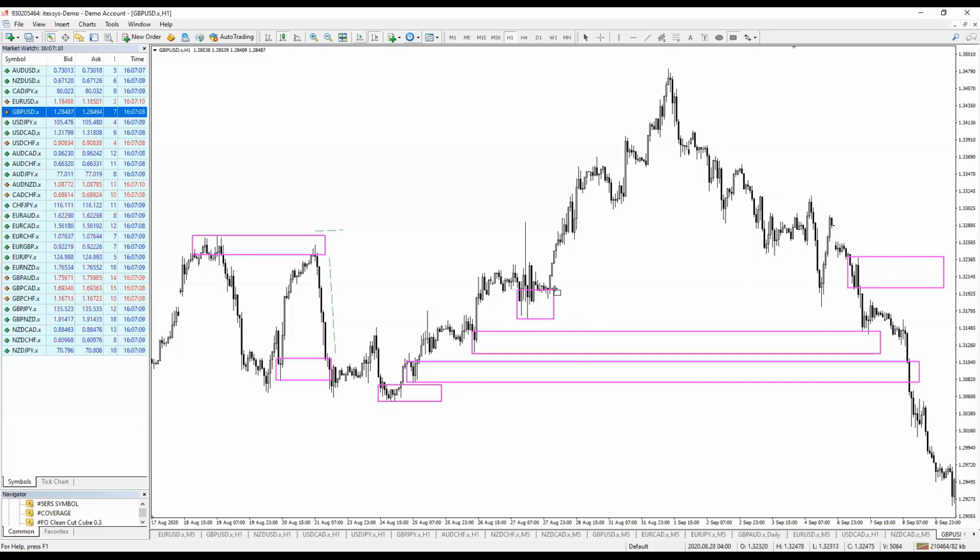Here we have another base and rally, decision point right here. And our target would be at the decision point of supply, which price is on here.